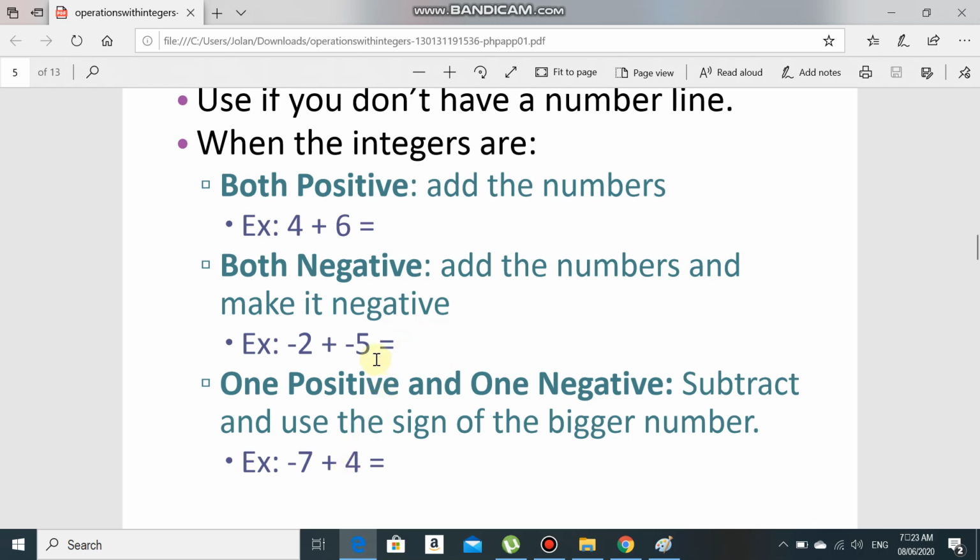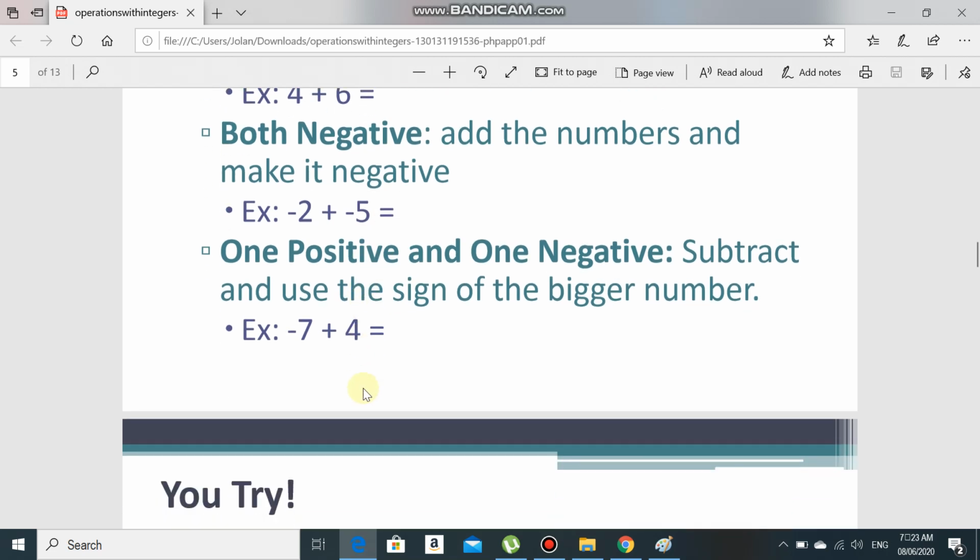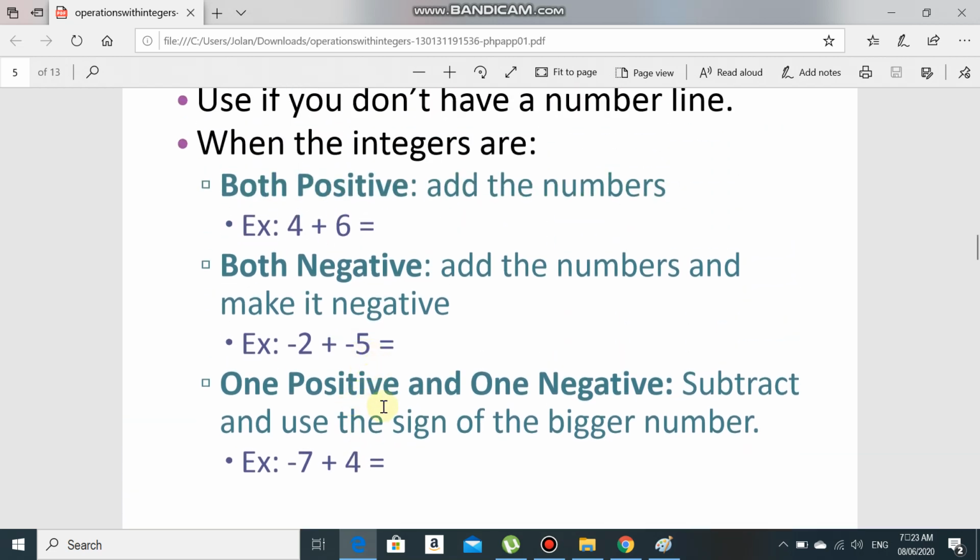Lastly, the last rule is one positive and one negative. They have different signs, so you just need to subtract and use the sign of the bigger number. Let's have the example negative 7 plus 4.